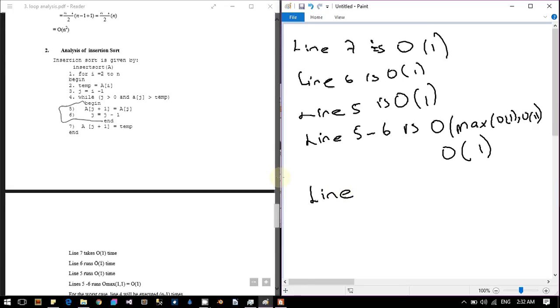We can see that while j is greater than 0, and while that is less than or equal to 10. So now you don't see any n, but what is actually the true running time?